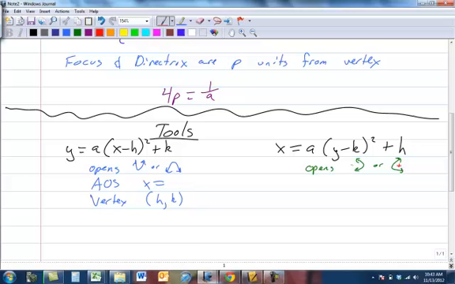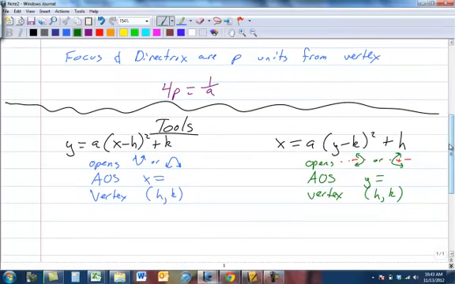If a is negative, it's going to open to the left in the negative direction. The axis of symmetry. Now, because it opens left and right, the axis of symmetry is a horizontal line. So the horizontal line is always y is equal to something. And the vertex here is going to be h comma k. All right, now be careful. In this case, k is the opposite of what you think, and h is what it's supposed to be.